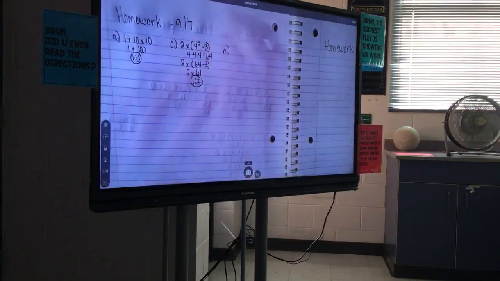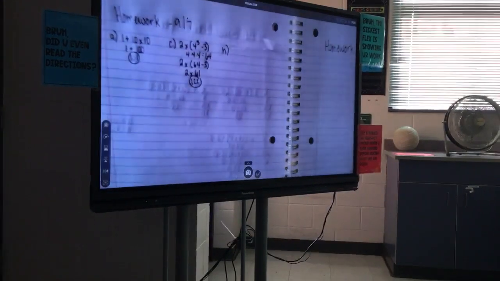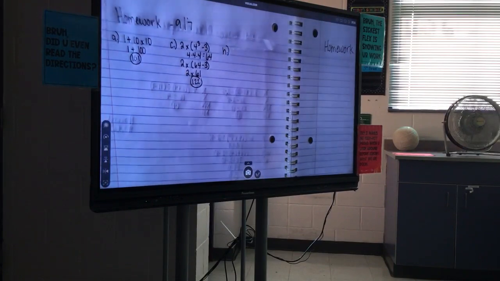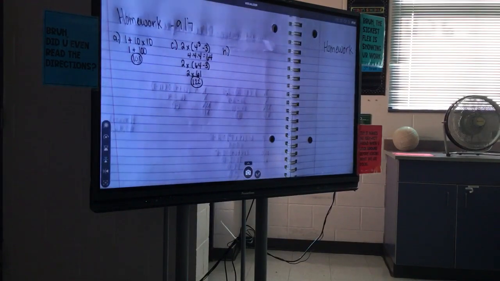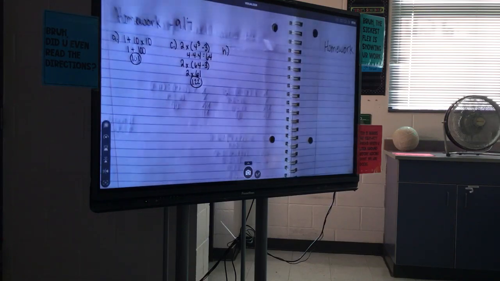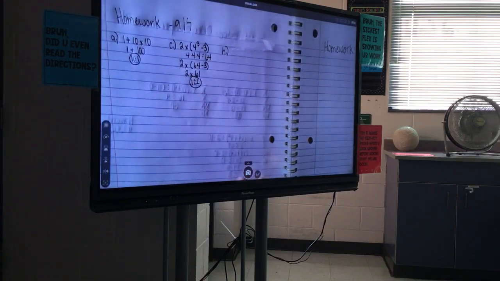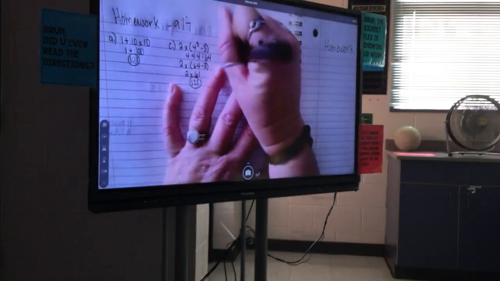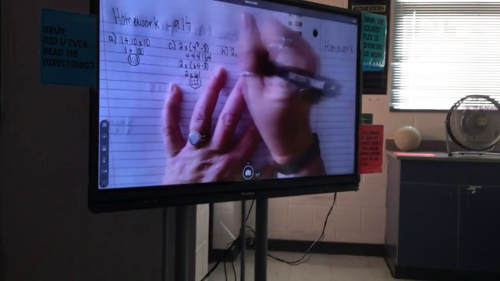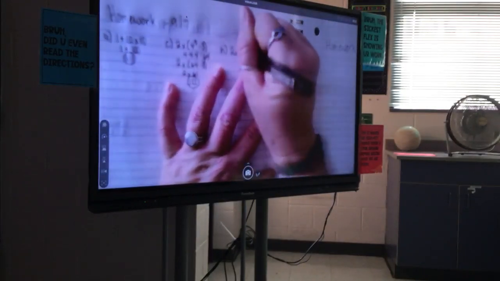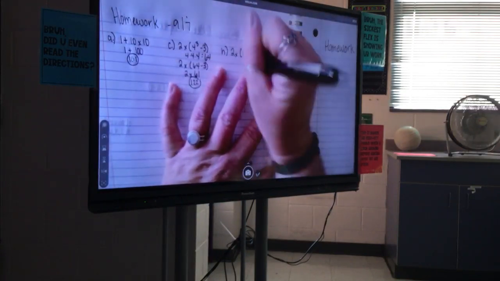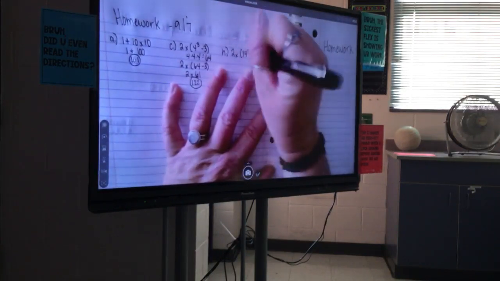Even though I'm going out of order right now, I'm modeling being organized. Even if you have a problem going 1, 2, 3, 4, still be organized going out of order. So H was 2 times (14 squared plus 15).